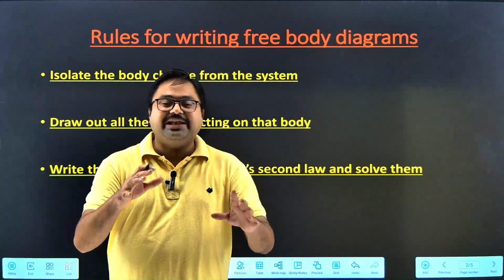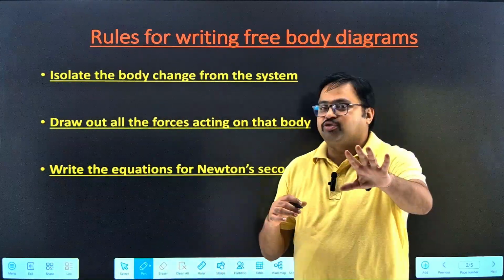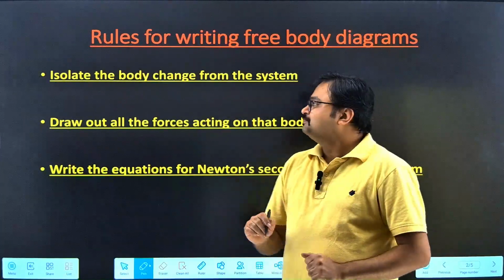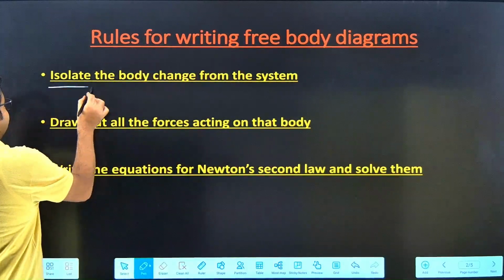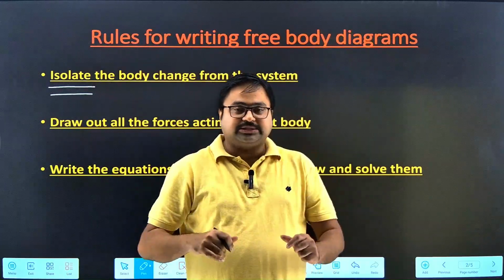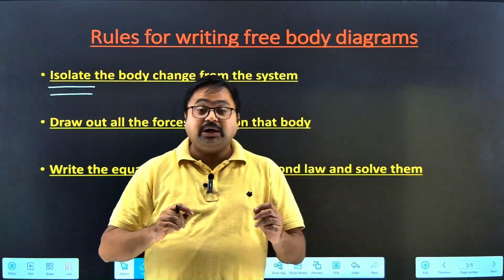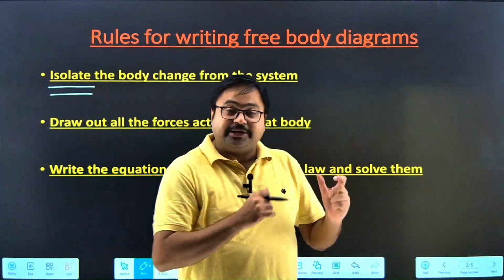So for beginning this exercise, we will have to look at some rules, and I have listed them down for you. The first thing that you will have to do is isolate the body. You simply draw a box and then look at what are the forces that are acting on the box, which is basically the object in that particular system.